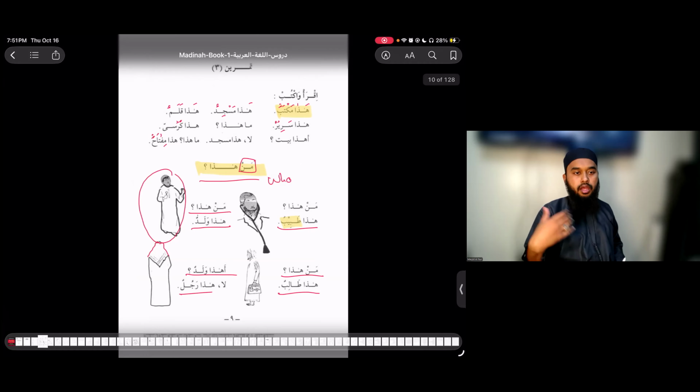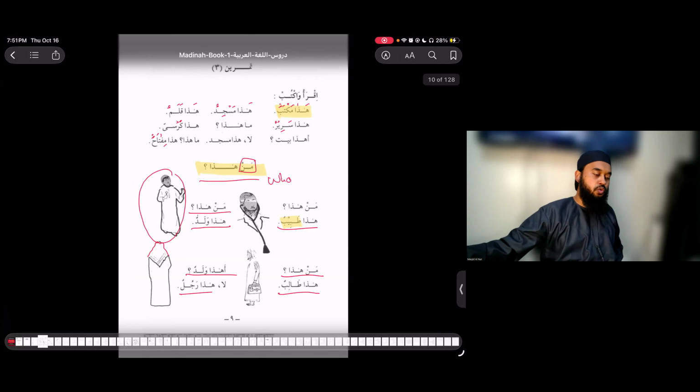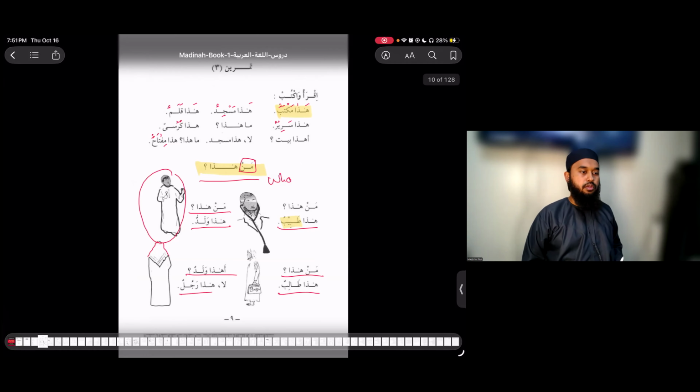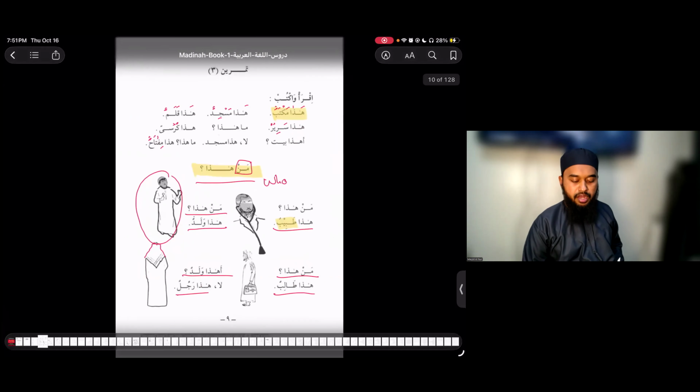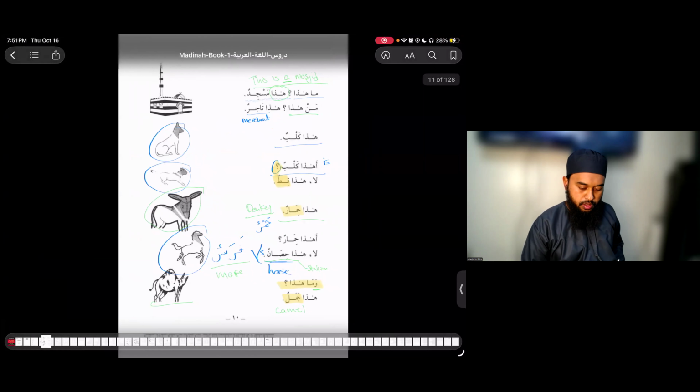Obviously, this word didn't come here, but I'm just giving you a heads up so that you could bring it into practice. You could go to your sibling and ask, man hada? Who is this? And they'll be like, hada Ibrahim, hada Musa. And this is how you practice. Man means who.